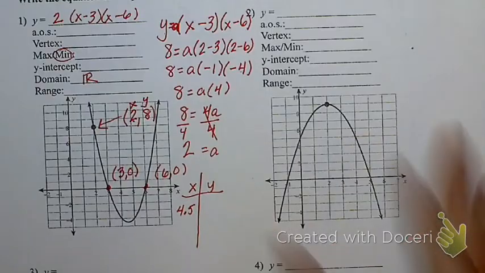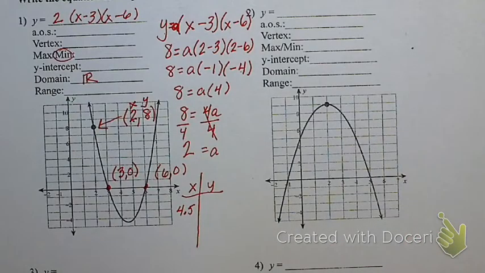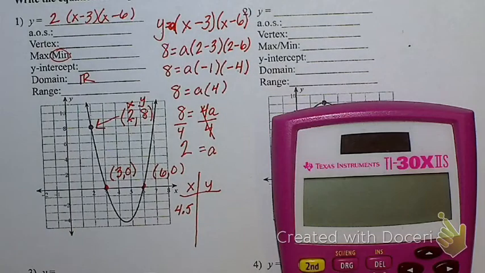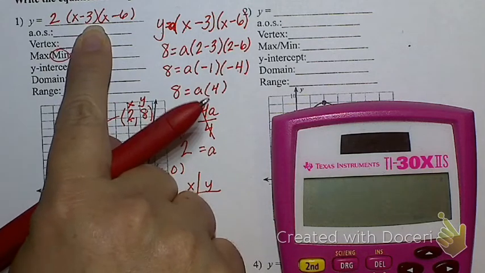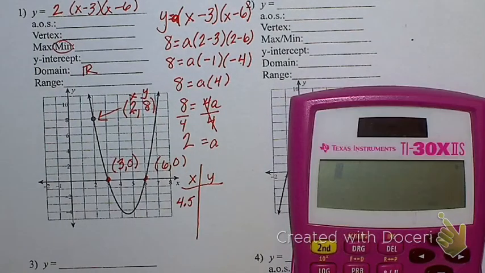Now, since I'm not graphing, I don't need all of these different values in my x-y chart. I just want to find out about the vertex. So I'm going to take that 4.5, and what am I going to do with it? Plug it into the equation I came up with. So, 2 times (4.5 minus 3) times (4.5 minus 6).